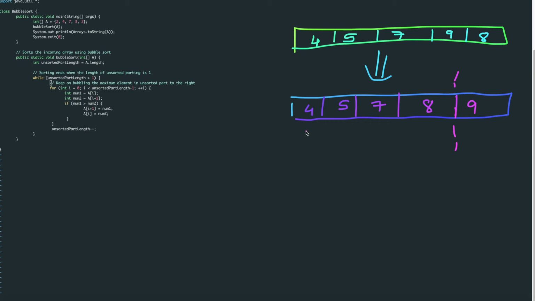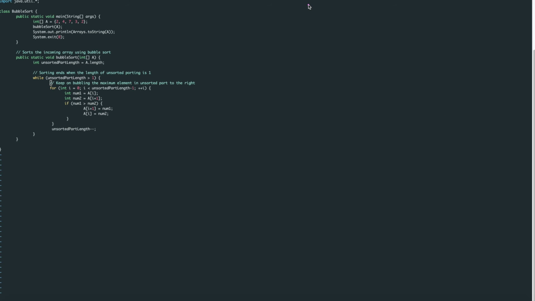So we can conclude that if in a new pass no bubbling happens, that means the whole array has been sorted. We can use that to our advantage and reduce the number of scans here. So let us do that.